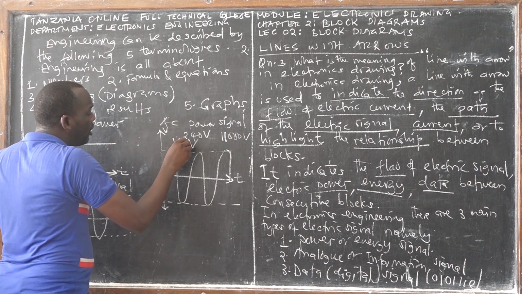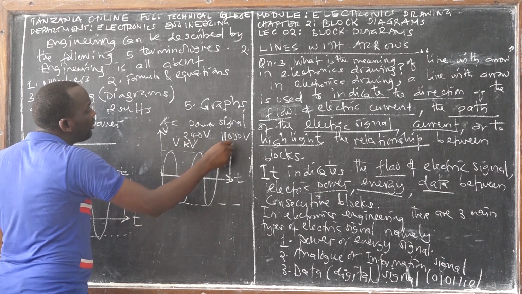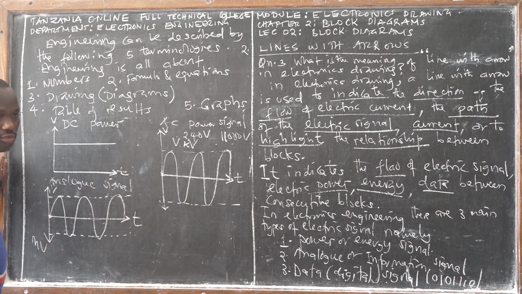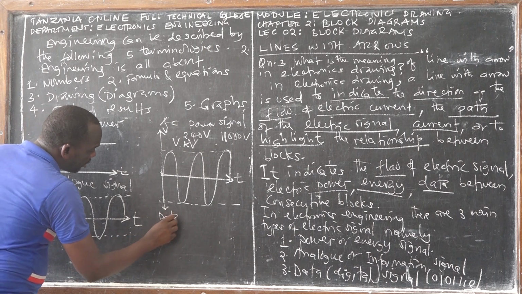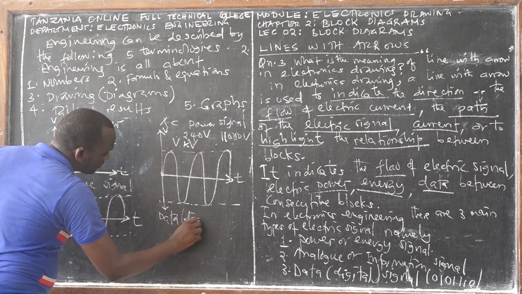Yes, at TANESCO or in our domestic places, we used to receive 11 kilovolt from our power supplier, from power source. Then we have the nature of data or digital signal.